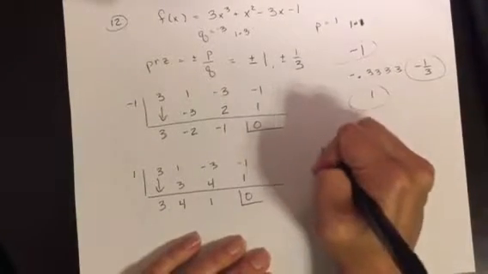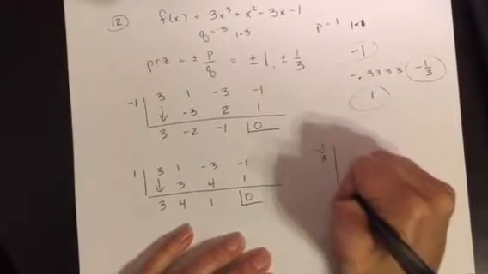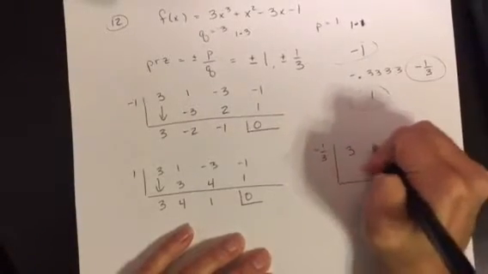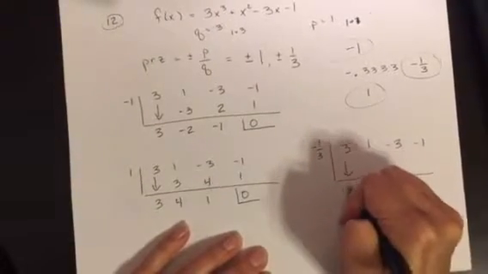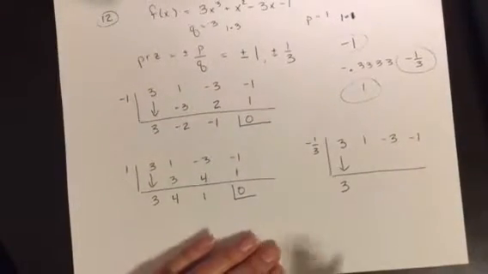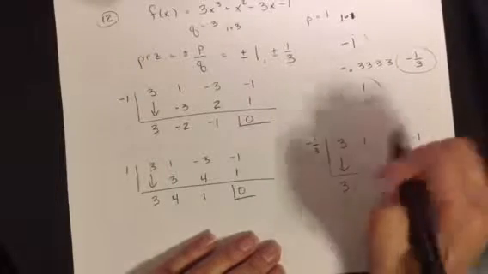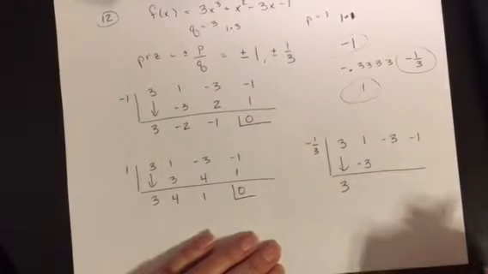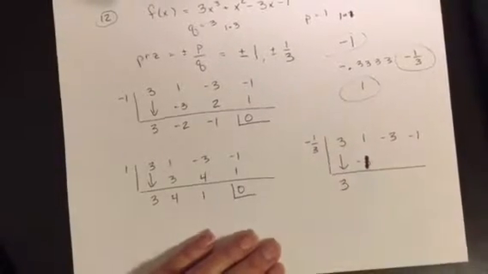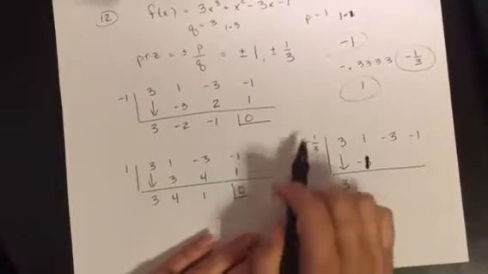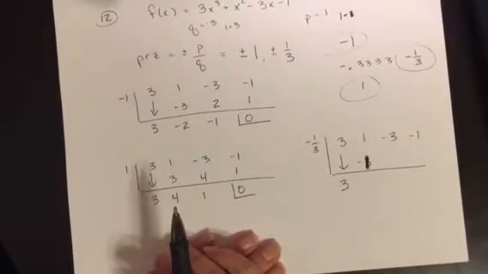Last but not least, -1/3. So 3, 1, -3, -1. I'm going to bring down the 3. 3 times -1/3 is going to give me -3. Oh, I'm sorry, -1. Silly me. There we go. So yes, 3 times -1/3 gives me -1.